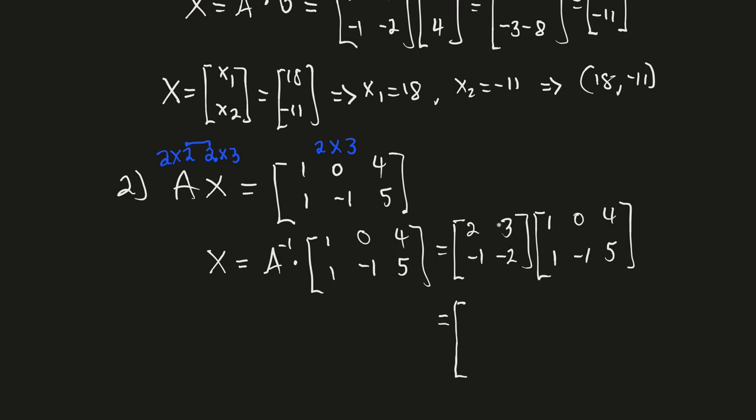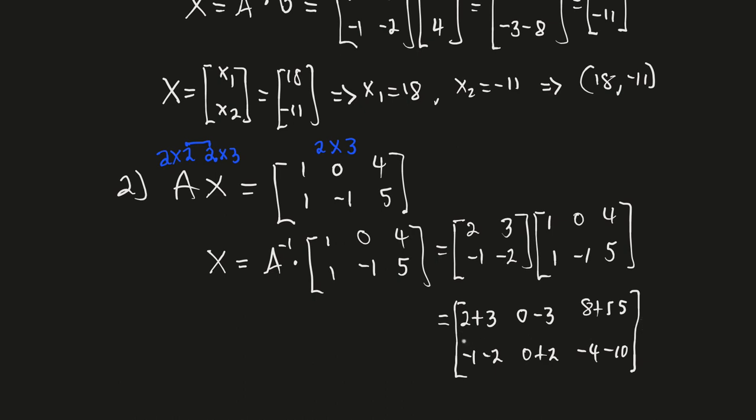So using our first row and our first column, doing our dot product, 2 plus 3. First row, second column, 0 minus 3. First row, third column, 8 plus 15. And then let's close that. Now move to the second row. So negative 1 minus 2, 0 plus 2, negative 4 minus 10.